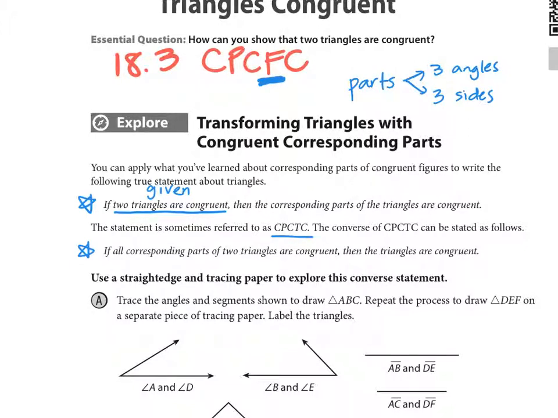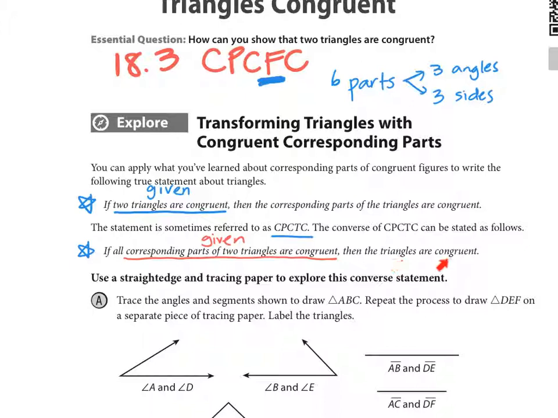So that means there's 6 parts total. In the second statement, our given is if all corresponding parts are congruent, then the triangles are congruent.